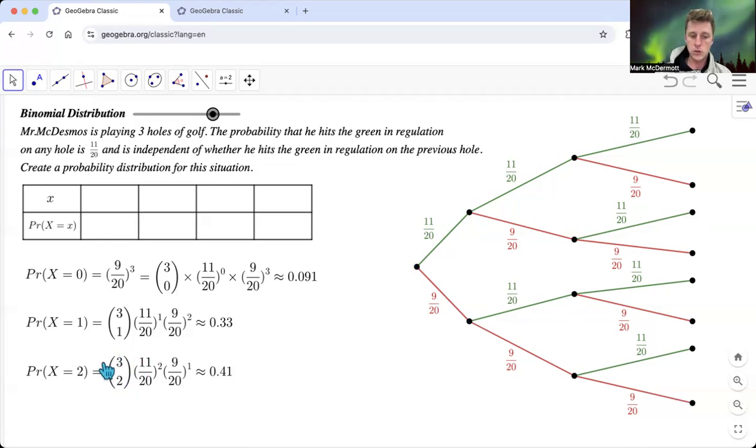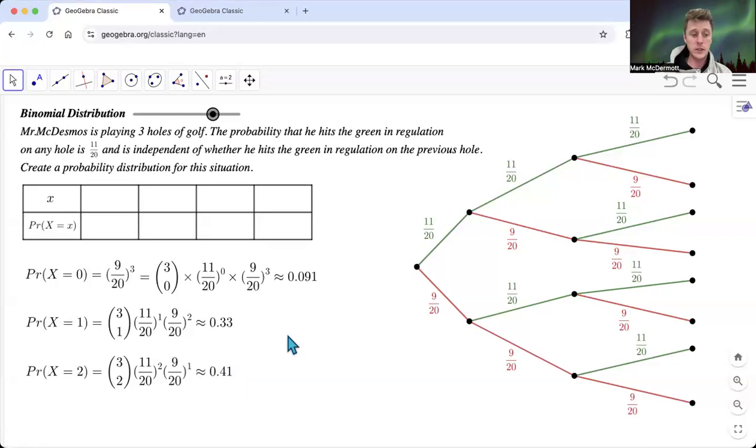So 3 choose 2 would be 3 as well, because there's three ways to have two successes on three holes. Okay, that must mean we had 11 on 20 to the power of 2, because we went down the 11 on 20 branch twice, so we multiply that. And then we had one failure, so we must have gone down one 9 on 20 branch. So 9 on 20 to the 1. Chuck it in a calculator, you get approximately 0.41.